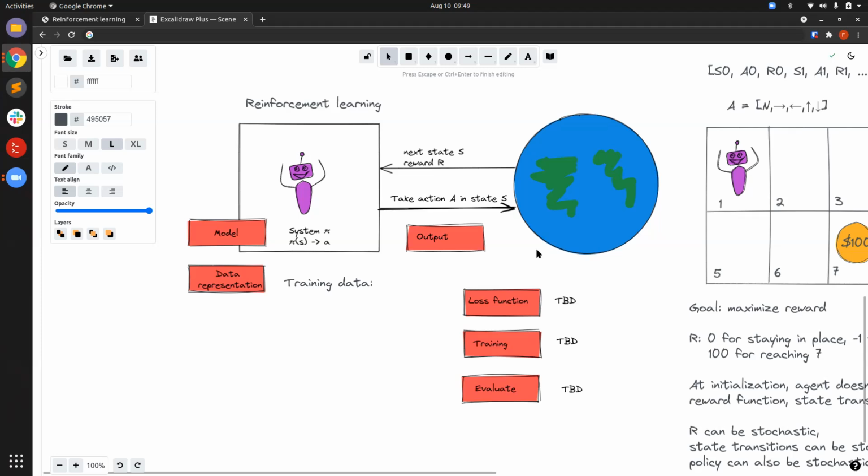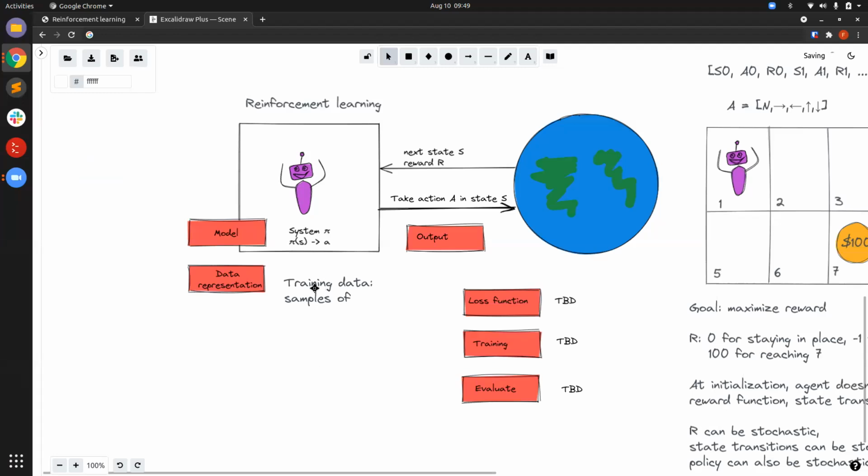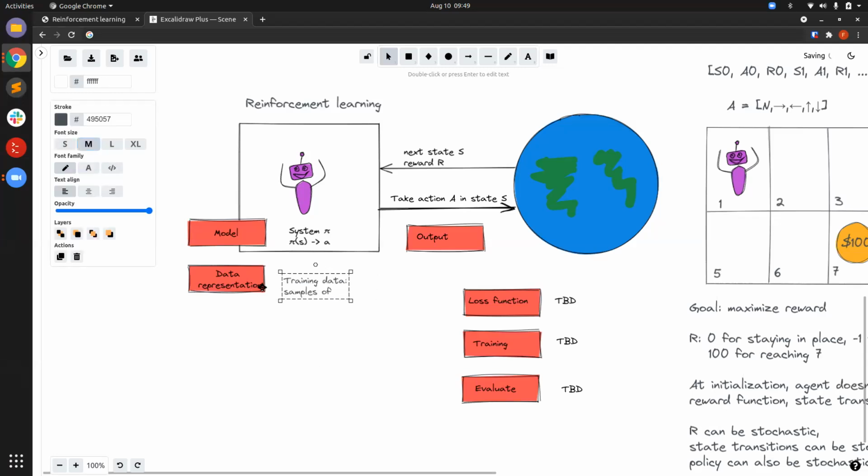What can we observe about the environment? The only thing we observe about the environment is samples of our interactions with the environment. Each interaction is, let's say we're in some state, we take some action, and we go to some new state and we get some reward. So this is our training data.